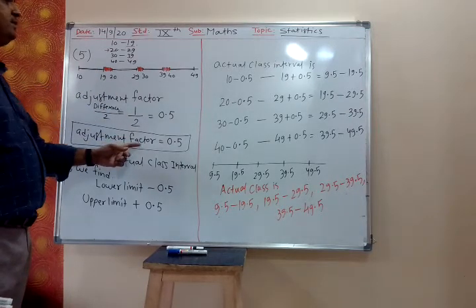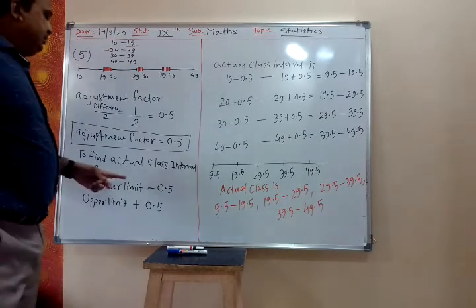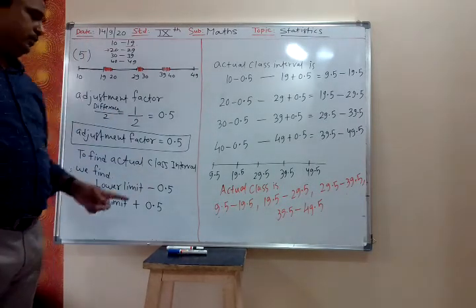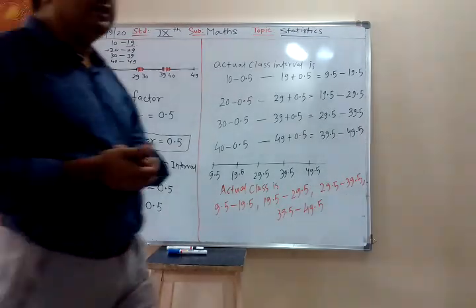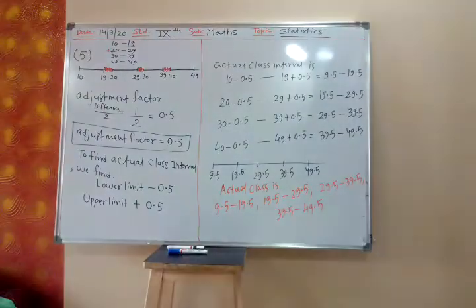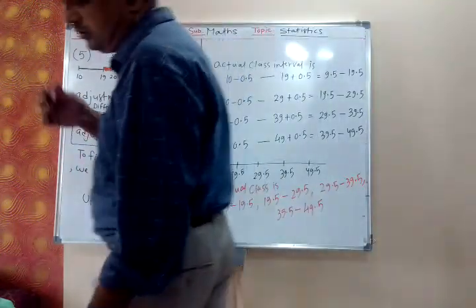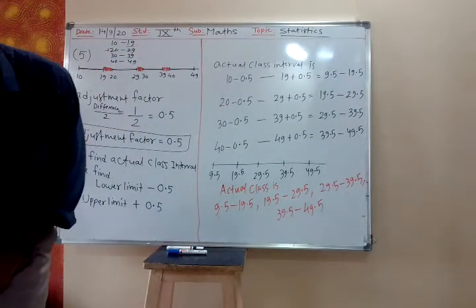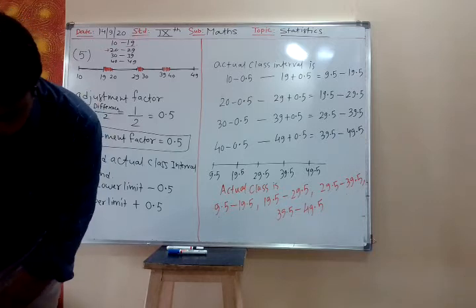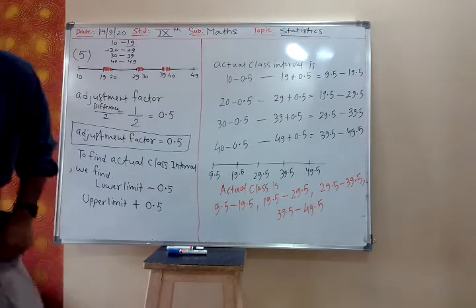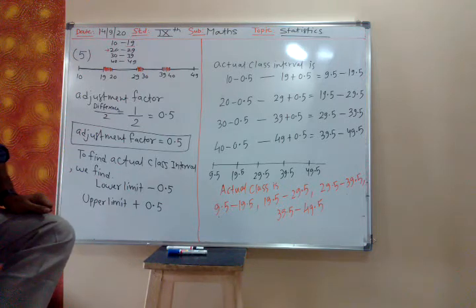After finding the adjustment factor, you subtract it from the lower limit and add it to the upper limit. Now we have found the actual class. Are we clear?